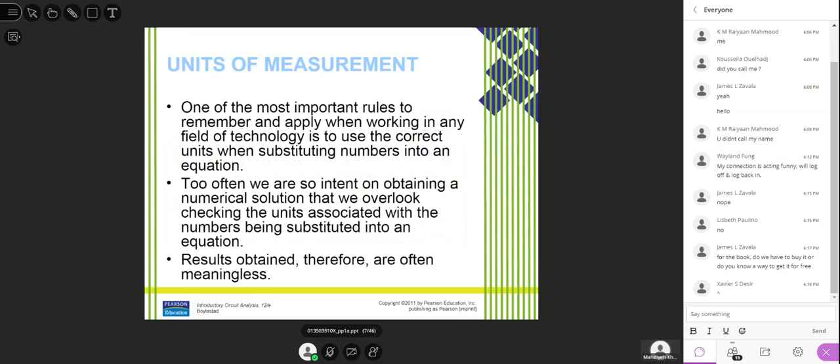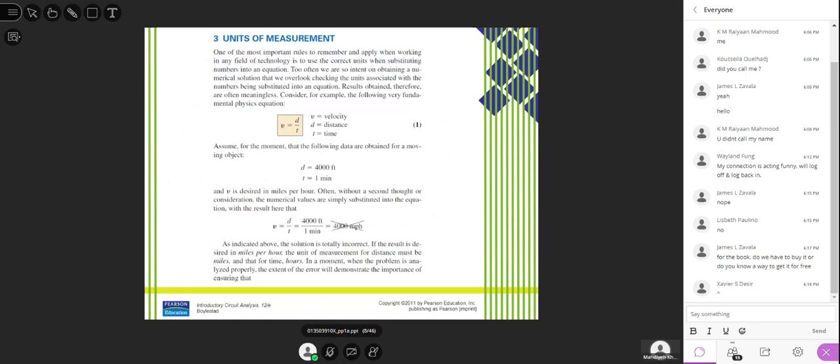And then the other topic that we are going to talk about is units of measurement. As I said, we do lots of measurements, and we have different types of units. We are going to learn how to do the conversion and how to use these units. For some quantities, we have some specific unit.